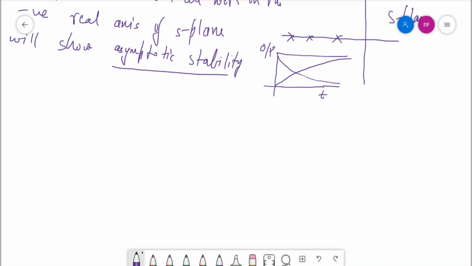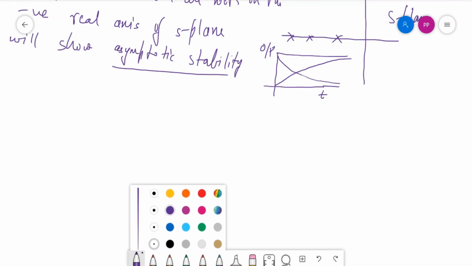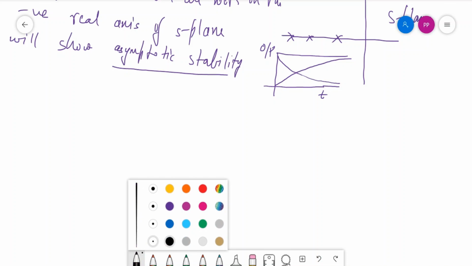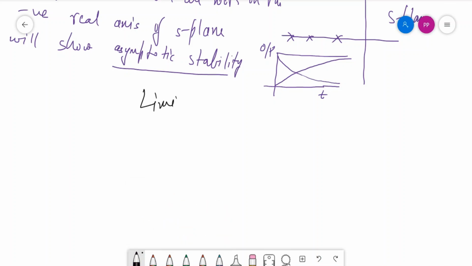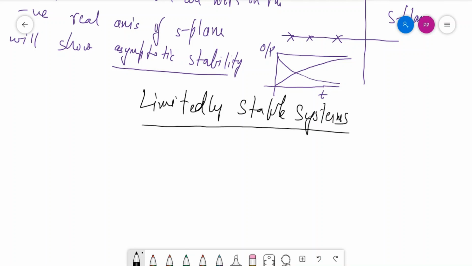So I can write limitedly stable systems like this.